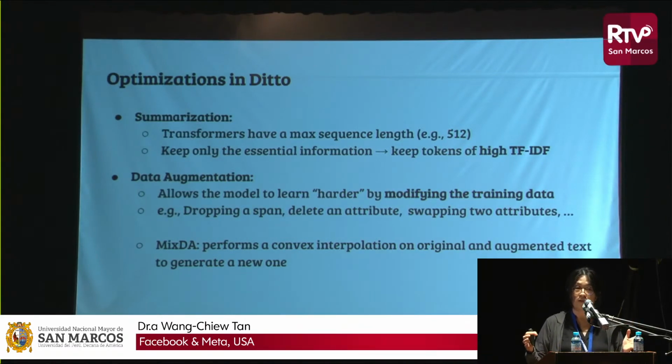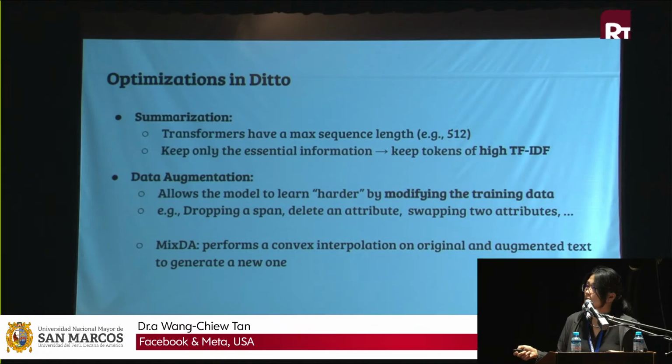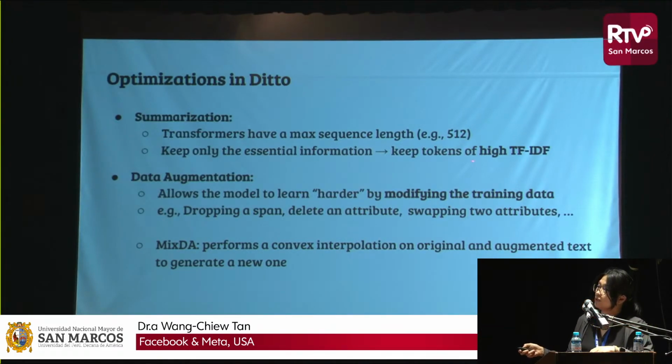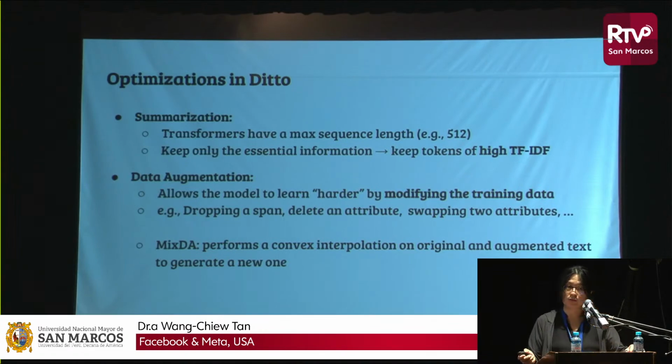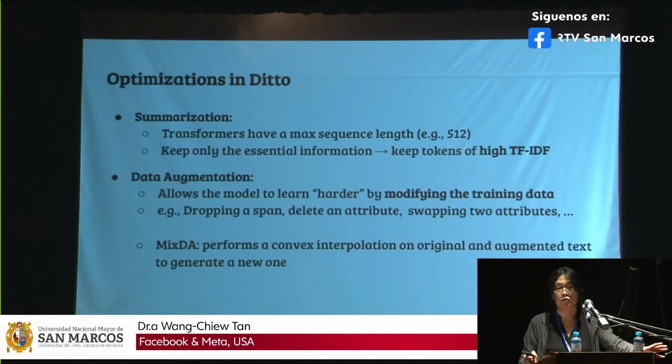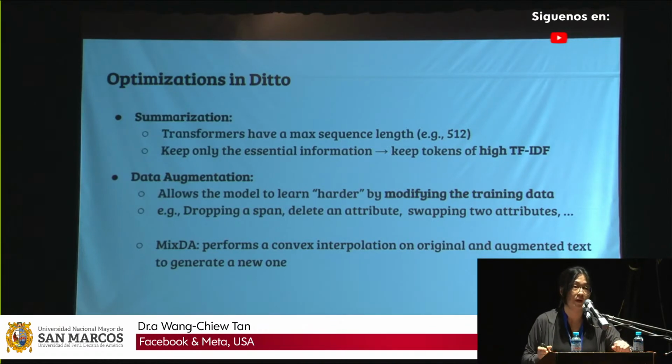If you don't do anything about it, maybe the second record gets truncated altogether and you're not doing any entity matching. So we have to summarize to make sure the two records fit within the 512 tokens. What we did in our experiments was to use a very simple formulation, just keeping tokens with high TF-IDF, and that worked really well. But one can also apply more sophisticated summarization techniques from NLP to summarize long passages, for example.